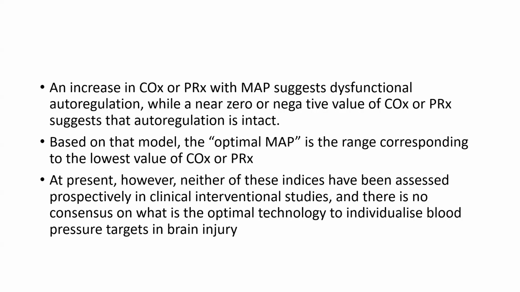An increasing COx or PRx with MAP suggests dysfunctional autoregulation, while a near zero or negative value of COx and PRx suggests the autoregulation is intact. Based on that model, the optimal MAP is the range corresponding to the lowest value of COx or PRx.